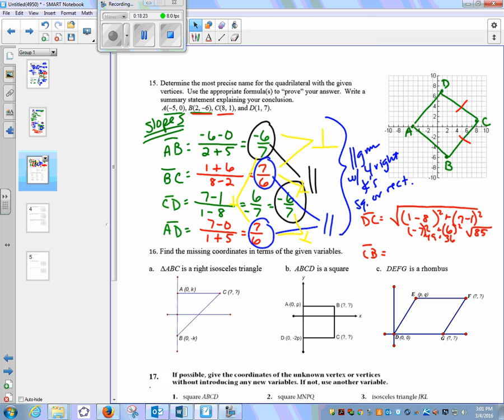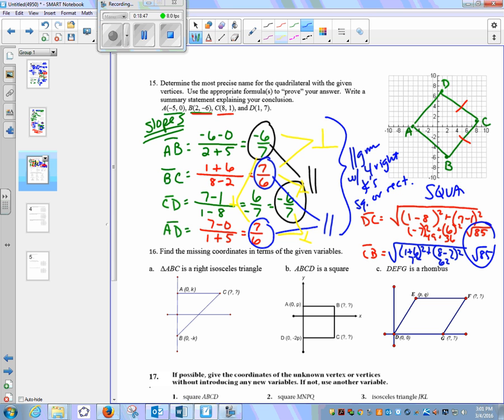Then I'm going to do CB. I'm going to do the same thing with C and B. 1 minus a -6 squared plus 8 minus 2 squared. Again, I get 7 squared, and 6 squared is the square root of 85. So this is going to be, in fact, a square.